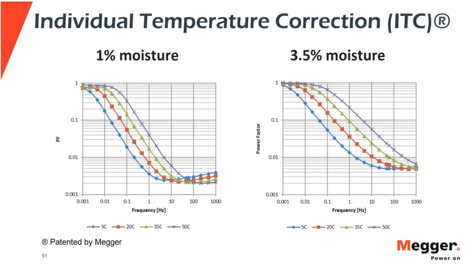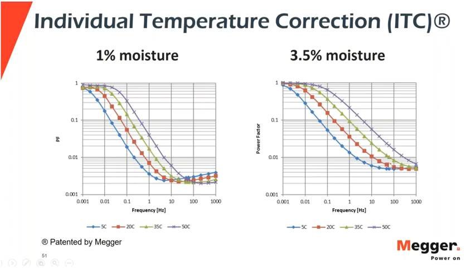So if you look, if I can get my mouse to work, we'll go over to the 60 hertz power factor measured at 35 degrees C, which is this green curve. Sorry about this. If I want to correct this to a 20 degree C base, for this 1% moisture contamination, that's not much of a correction, right around here from the green to the red curve.